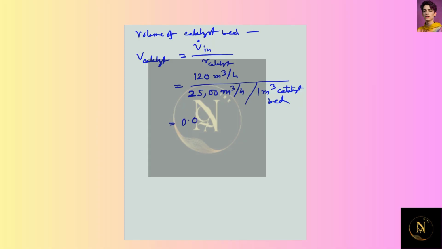Which gets the volume of catalyst bed as 0.0048 meter cube catalyst.